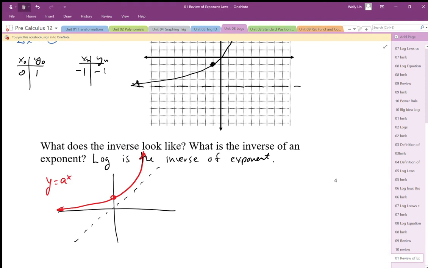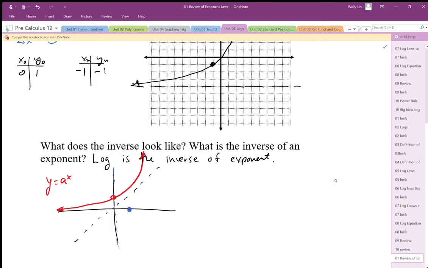The inverse must have inverse properties. If the point is at (0, 1), we must have a point at (1, 0); we just switched x and y. If there's a horizontal asymptote at y equals 0, there must be a vertical asymptote at x equals 0.